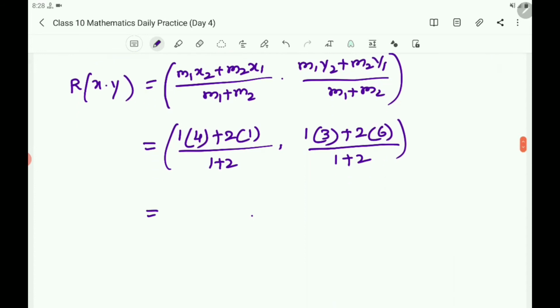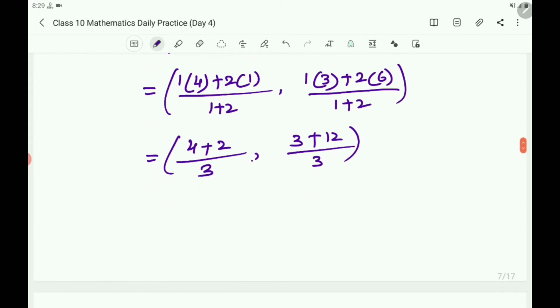Then 1 into 4 is 4. 2 into 1 is 2. 1 plus 2 is 3. Then 1 into 3 is 3 plus 2 into 6. 2 into 6 is 12, divided by 3. That equals 4 plus 2, which is 6, by 3. 3 plus 12 is 15, by 15 by 3.